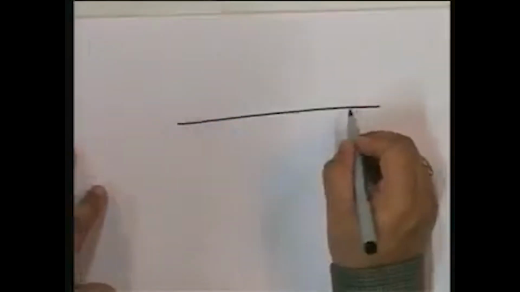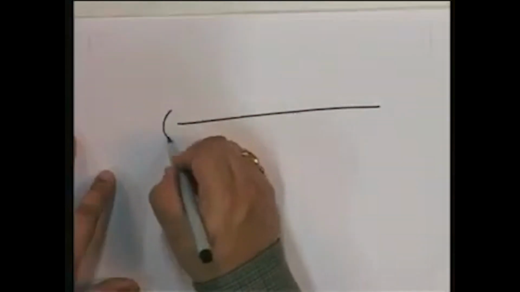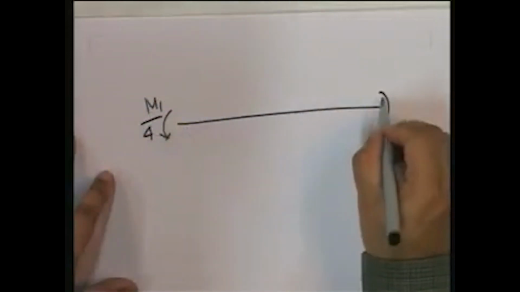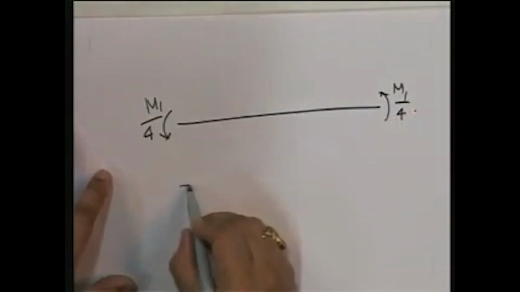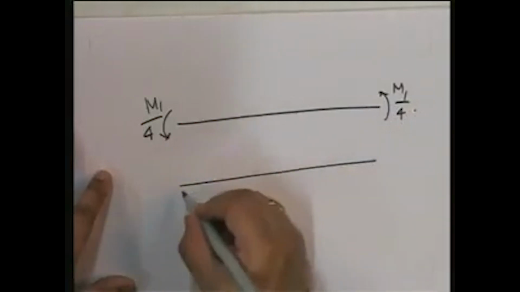And if I were to show you the member end bending moment diagram, this is M1 upon 4, this one is M1 upon 4, and if I were to draw the bending moment diagram, it would look like this.